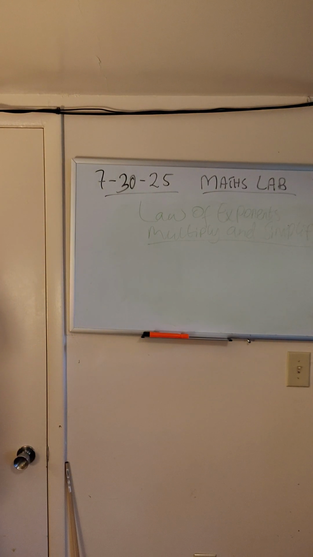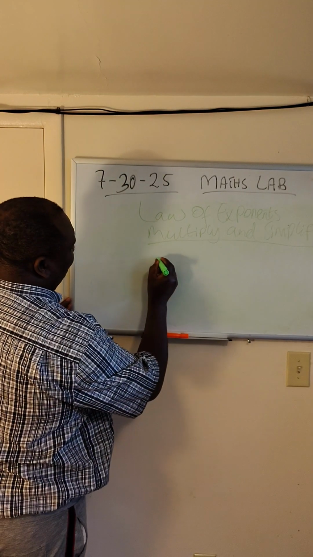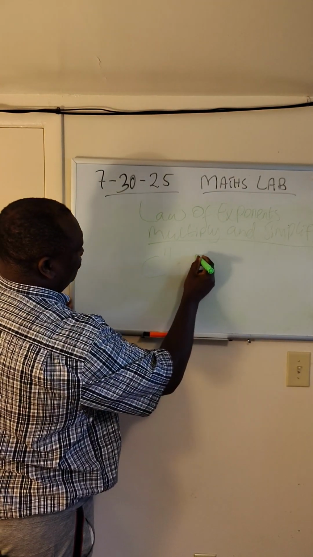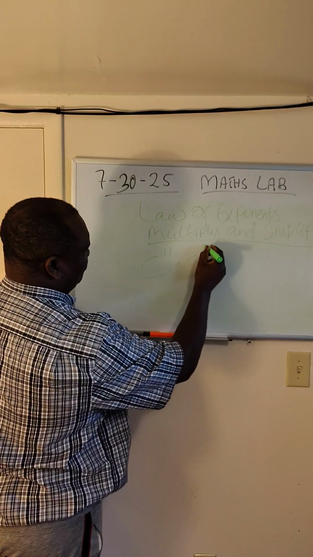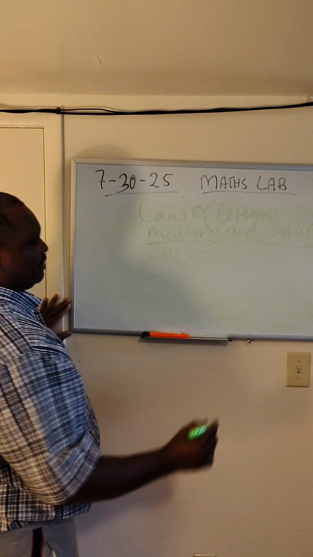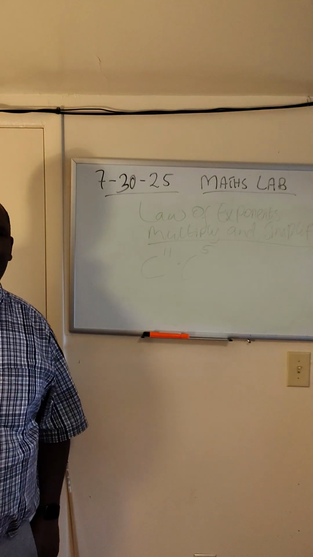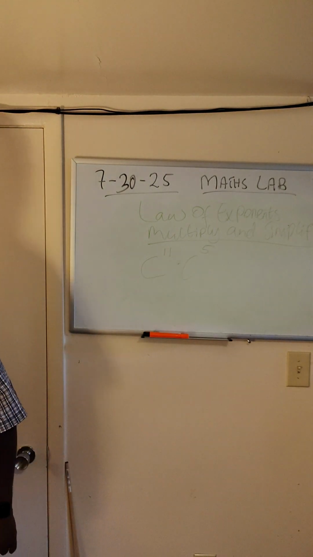And now in this case, let us see what they're giving us. They're giving us c raised to the power of 11 multiplied by c raised to the power of -5.